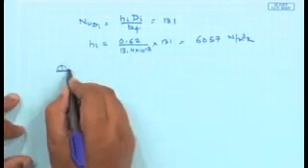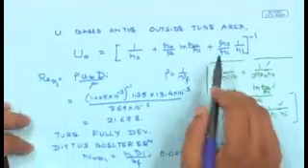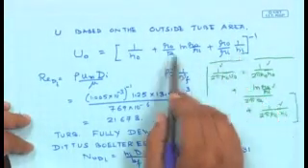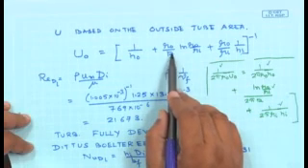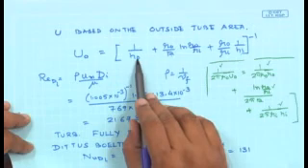So what is U naught? The only unknown here is Hi, because the thermal conductivity is known, the geometric parameters are known, H naught value is known.